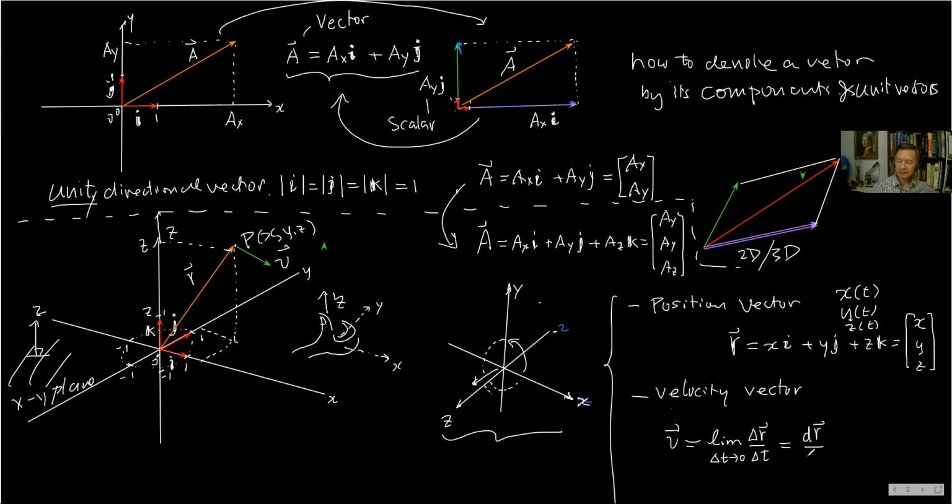Can you see? Do you know why Newton invented calculus? Because you want to write the velocity in this way. Nobody had done that. So Newton is the first person who can describe the motion very accurately, right?